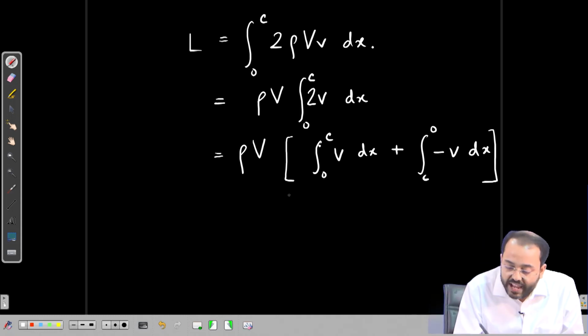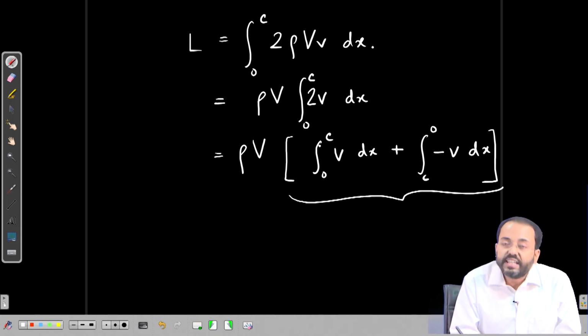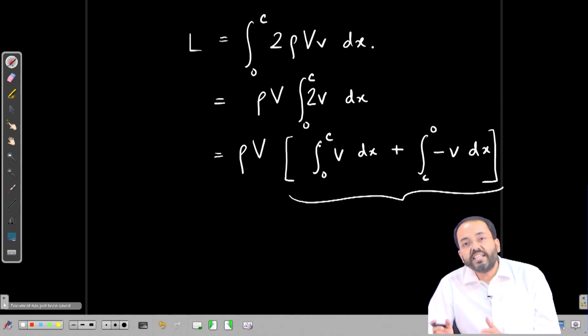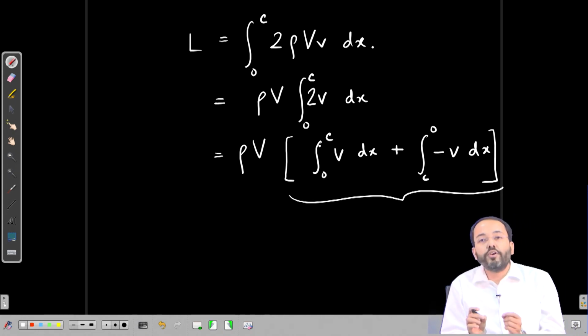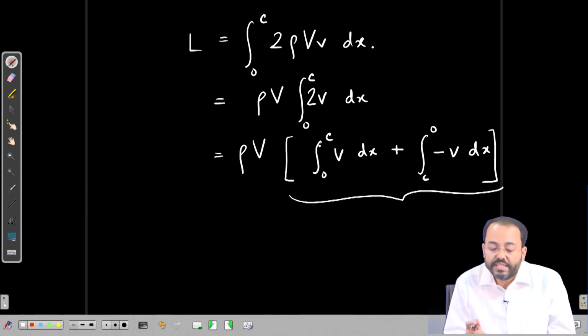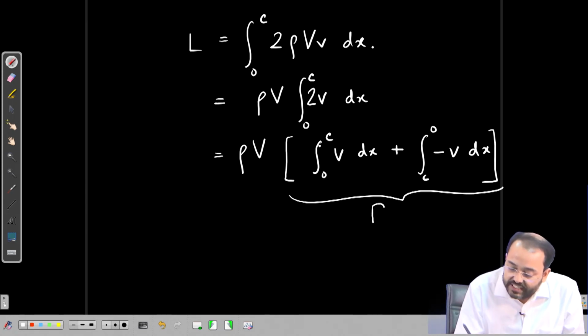So, what we have within the third bracket, the integral from 0 to c of v dx plus the integral from c to 0 of v dx, is basically the line integral of velocity on a closed contour around the foil. So, basically this is the circulation gamma.